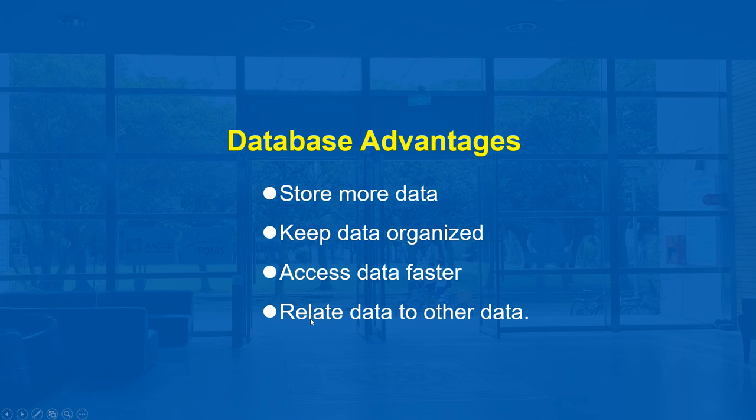Okay, and the fourth point, I think that is a major point. The most important one is relating data to other data. You need to make sure some column is a unique number. Why do we need to have a unique number? It's just like your student ID.